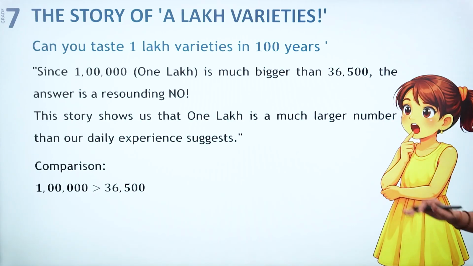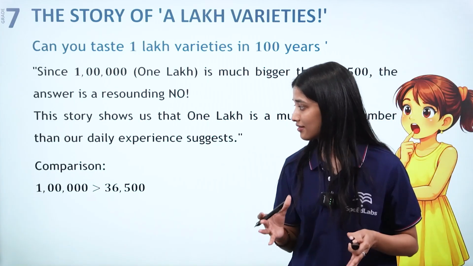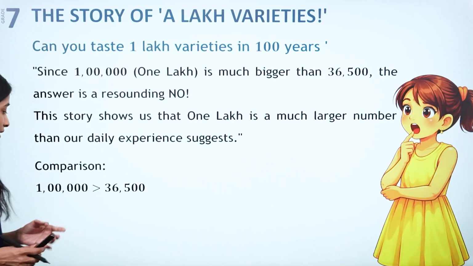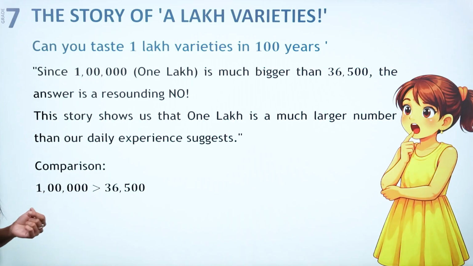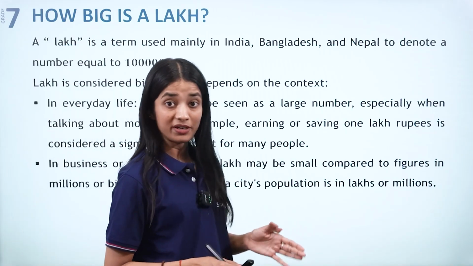Since 1 lakh is much bigger than 36,500, the answer is a resounding no. This story shows us that 1 lakh is a much larger number than our daily experiences suggest. You can compare them like this: 1 lakh is greater than 36,500. This is the comparison of big numbers.